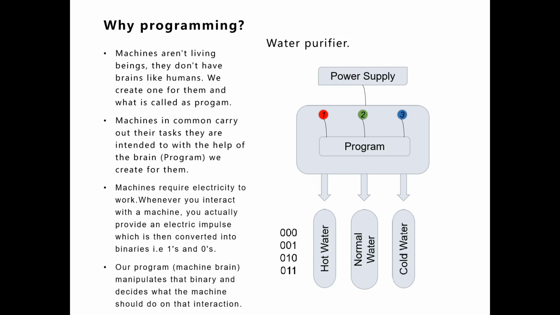Those digital signals are nothing but series of zeros and ones, and that helps us form binaries. Now the program understands binaries.